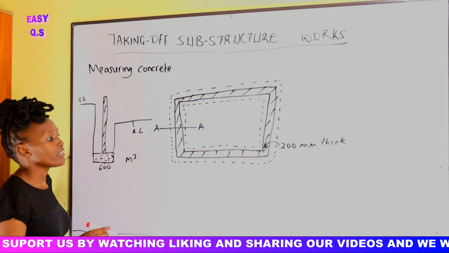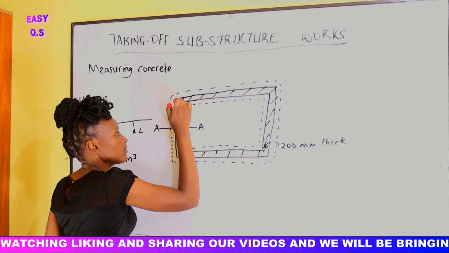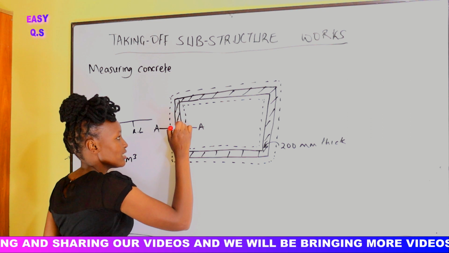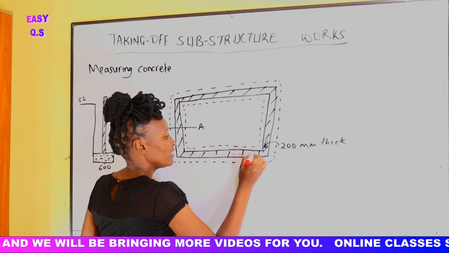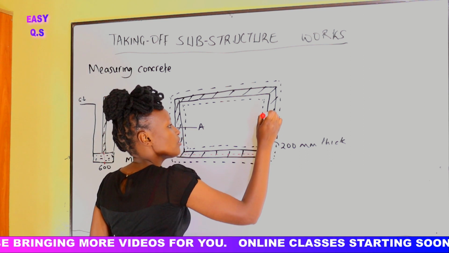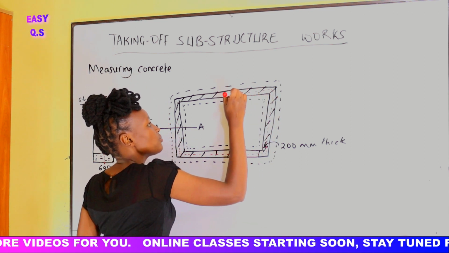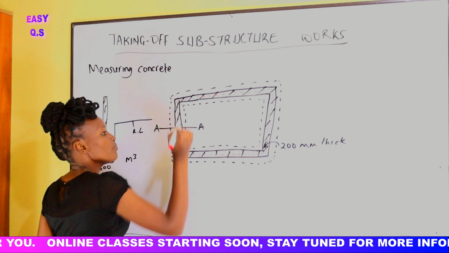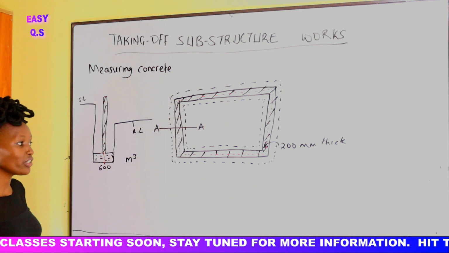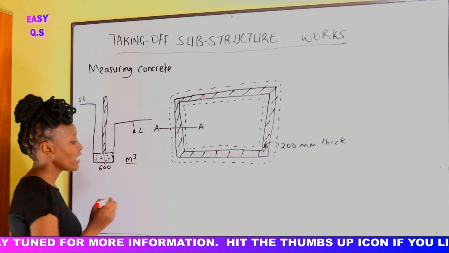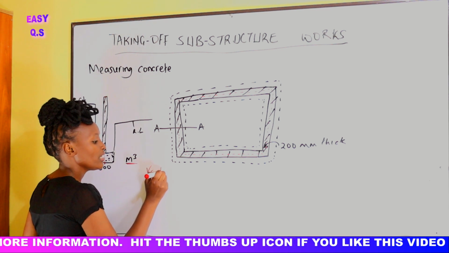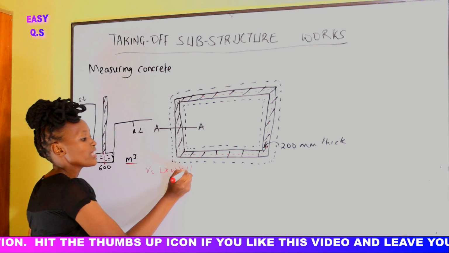That's the center. Now if we come round here, this is the center line. And we say that if we take the center line, then we multiply by the width of the trench, then we multiply by the thickness of the concrete, we'll be able to find the volume of the concrete. So if the concrete is in meter cubed, we shall say volume is equals to length times width times height.